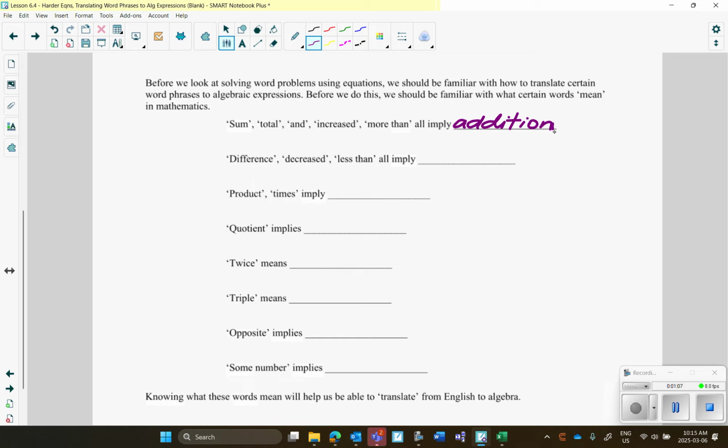Difference, decrease, less than: subtraction, or minus. Product, times: multiplication. Quotient: division. That's the answer to a division question.